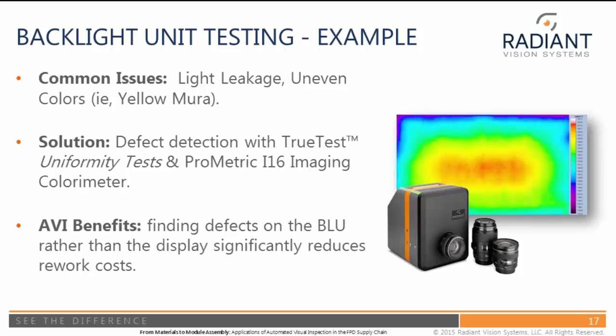So what is the solution to these potential common issues that you might see with a backlight unit? We can do defect detection with TrueTest using our uniformity test and also potentially the particle defects test. And in this case, we're recommending a Prometric I16 imaging colorimeter. The reason behind that is the imaging colorimeter is necessary so that we can measure the color of the device if we're looking for yellow mura or white balance. Also, backlight unit production tends to be very high volume, and a very rapid takt time is required.